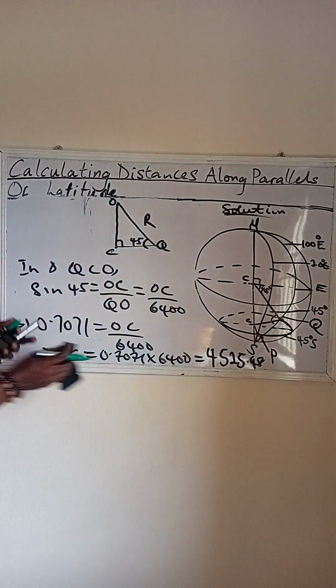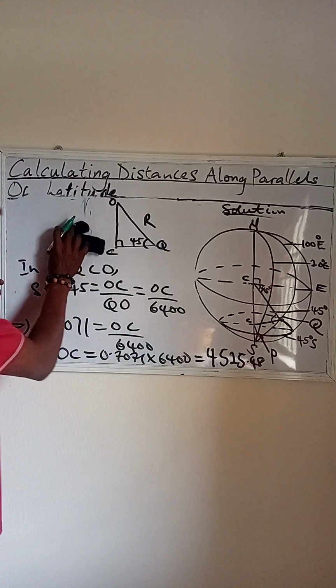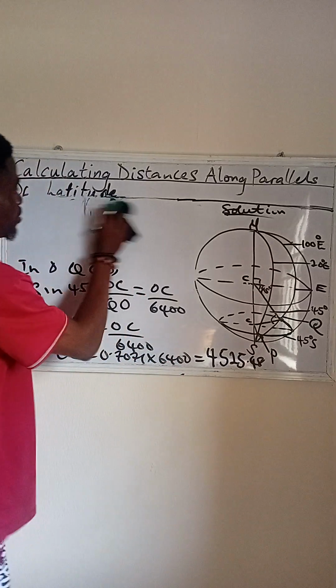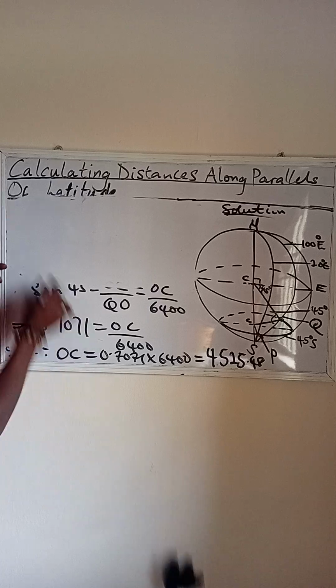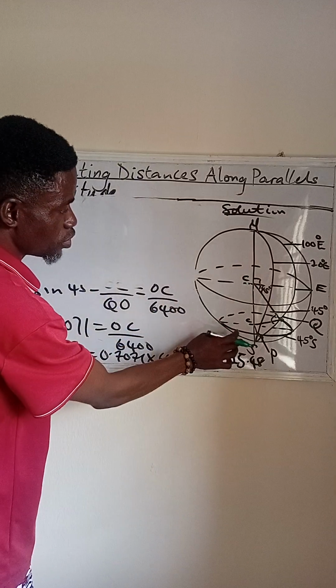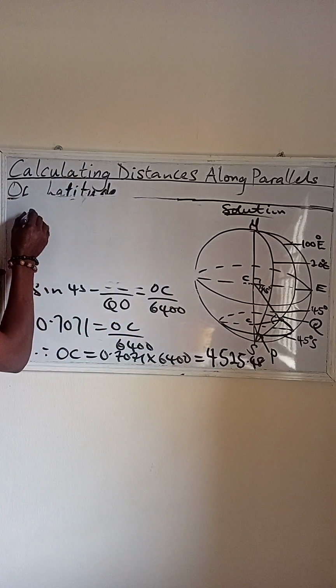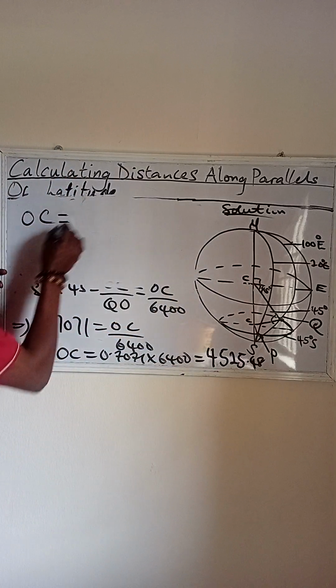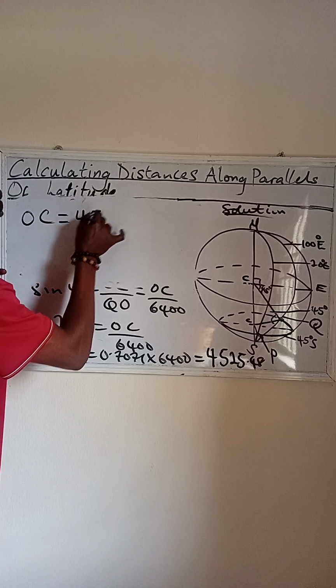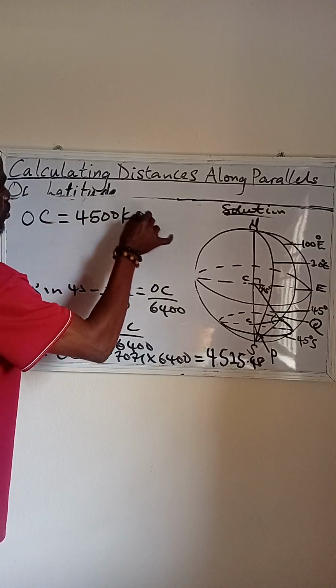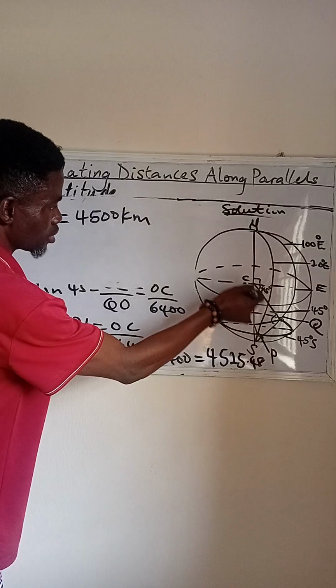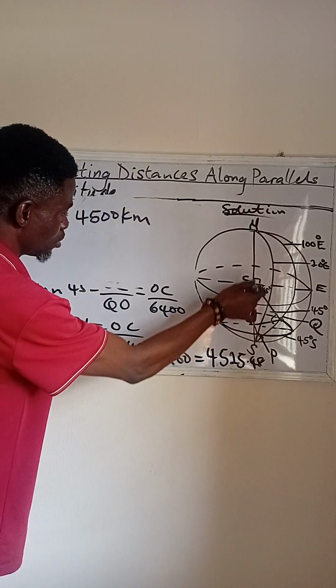So if you are to leave this to significant figures, the distance between the two centers is 4,500 kilometers. So that is the distance between the two centers, this center and this center.